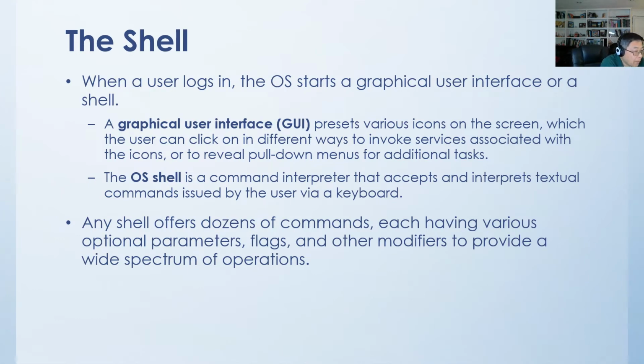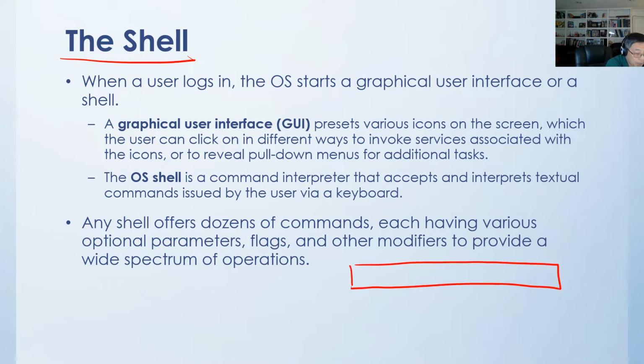Next, when a user logs in, the operating system starts the user interface. This is also called a shell. Now, remember in the previous slide, we mentioned the different levels for the operating system. The top one is the application and the system software.